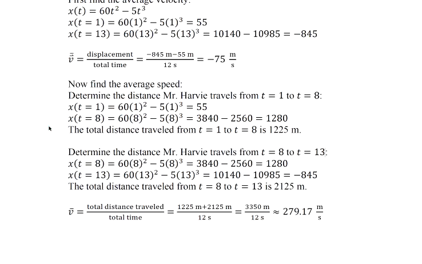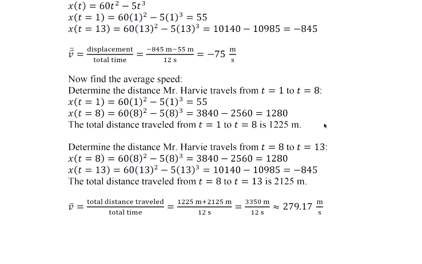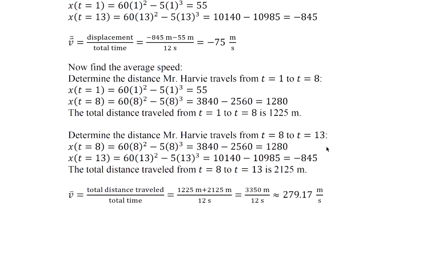So that's the total distance traveled, 1225 plus 2125. That's here. And the total time is 12 seconds. So you could see average velocity and average speed give you different answers, because velocity is about displacement, speed is about distance.